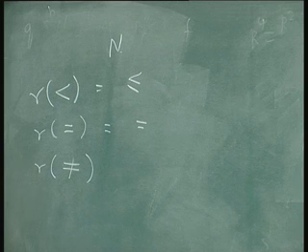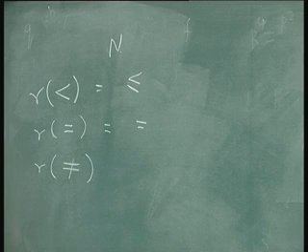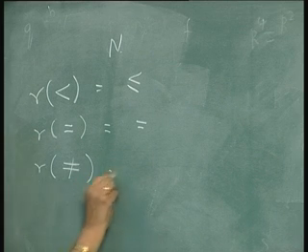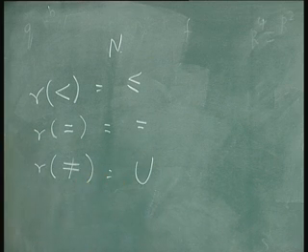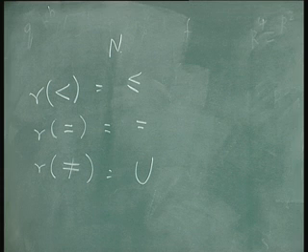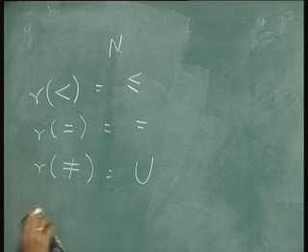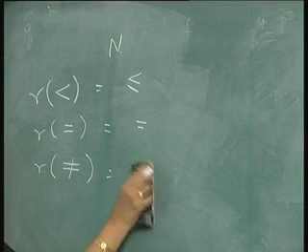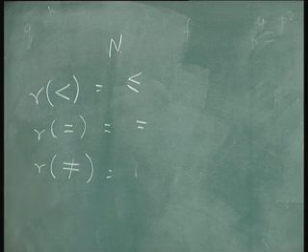You must also add self loops at every point. You must add the equality relation, that will become equal to the universal relation, where every number is connected to every other number. So, this is something about reflexive relation.